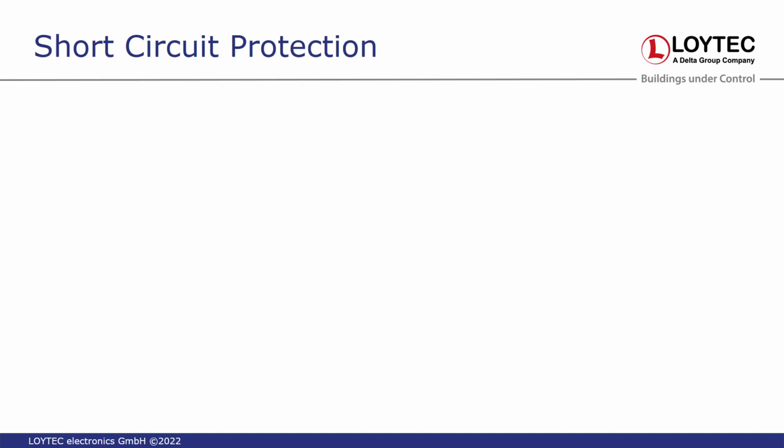Basically, the straight answer to your question is there is a short circuit protection, and when you make a short circuit on the DALI bus, you cannot damage the power supply.